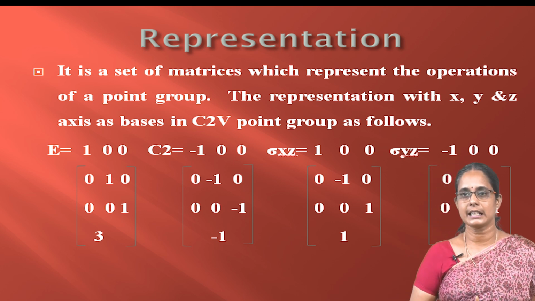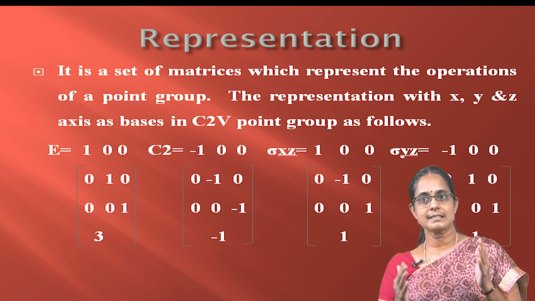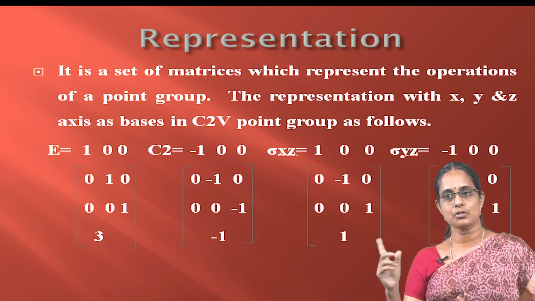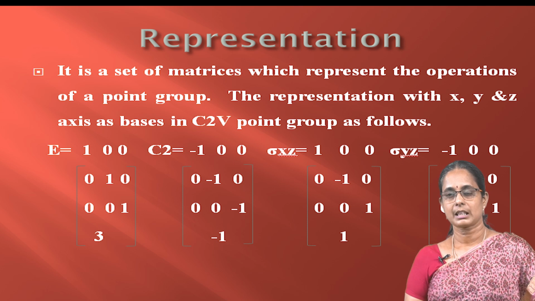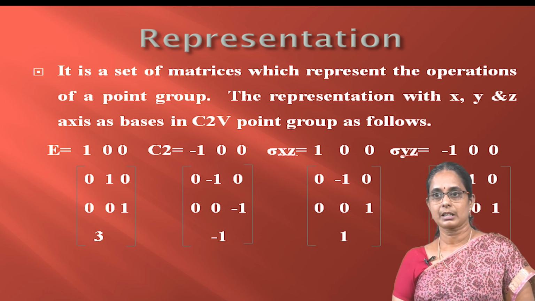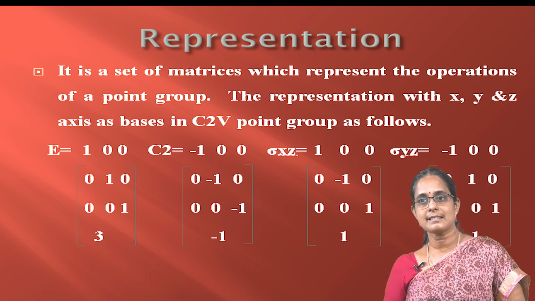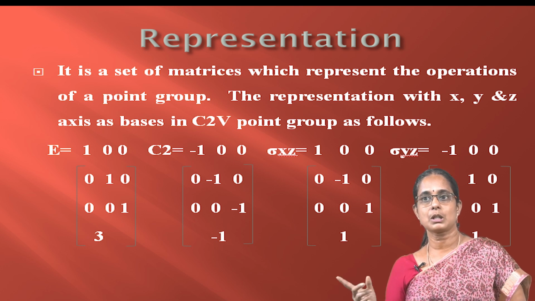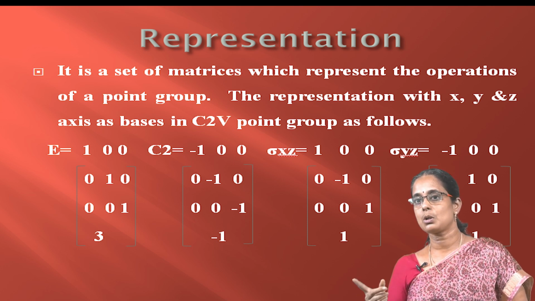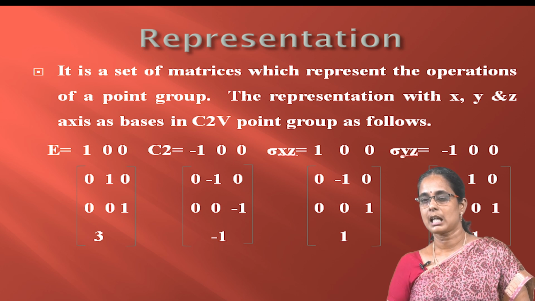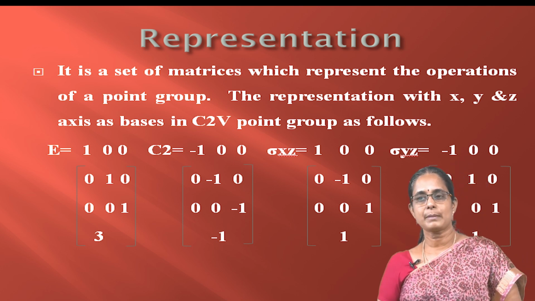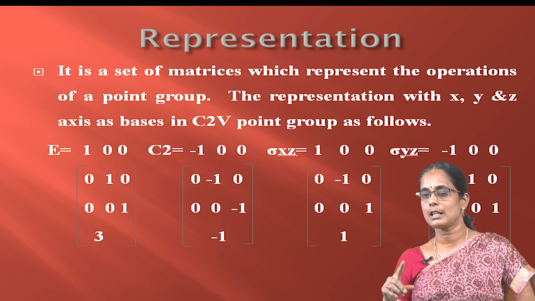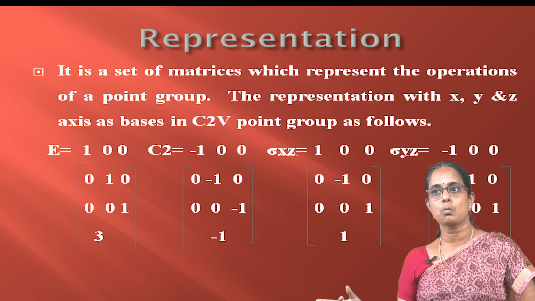For the identity, that is E, the set of matrices is 1, 0, 0, 0, 1, 0, 0, 0, 1. For C2, the set of matrices is minus 1, 0, 0, 0, minus 1, 0, 0, 0, 1. For sigma xz, the set of matrices is 1, 0, 0, 0, minus 1, 0, 0, 0, 1.